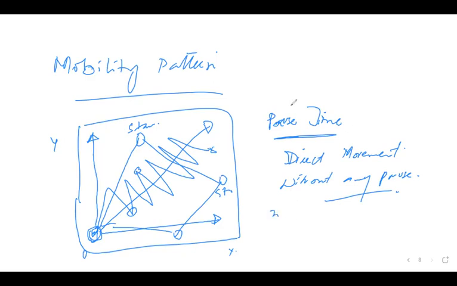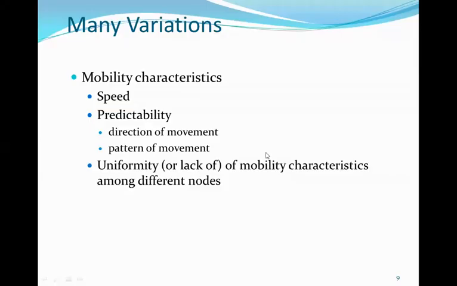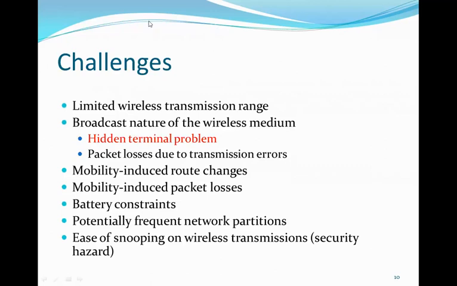So there are different types of mobility patterns followed by these nodes, and based on these patterns, sometimes the network moves up, and sometimes it may move down. Similarly, uniformity or lack of uniformity in mobility characteristics among different nodes may affect the performance of these nodes.